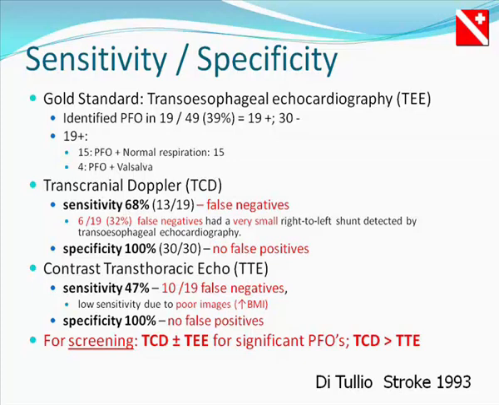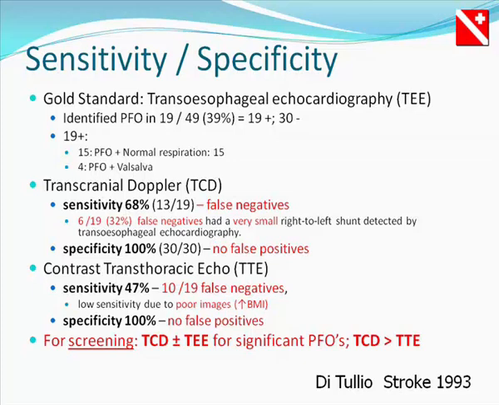The disturbing thing was that transthoracic echo really had a very poor sensitivity, and part of it is because if you've got overweight individuals, it's technically difficult to visualize the chambers of the heart adequately. So it's not really a suitable screening test. And if you get to the point of diagnosis, one has to argue or one has to ask whether it's worth doing that as opposed to a transesophageal.